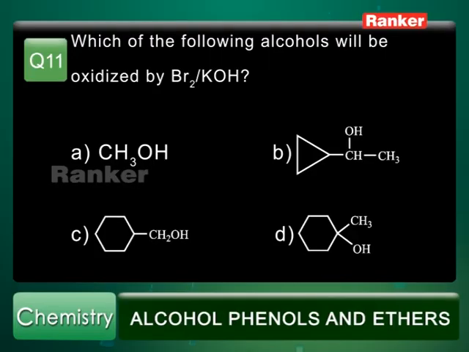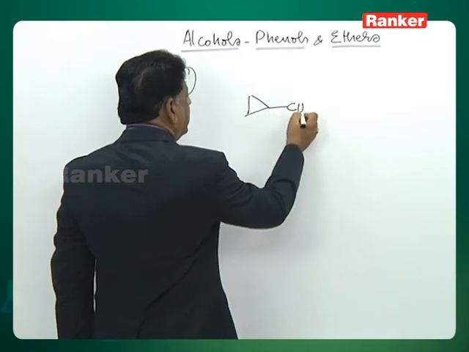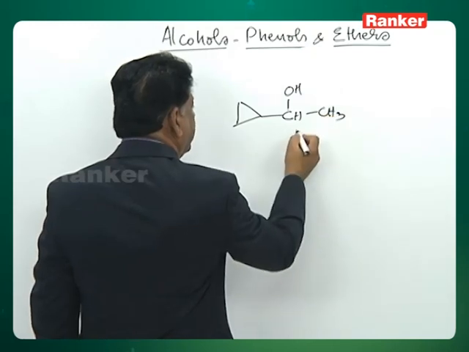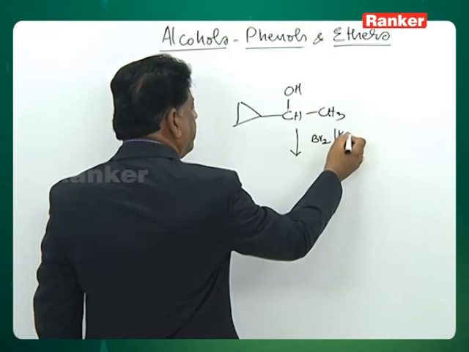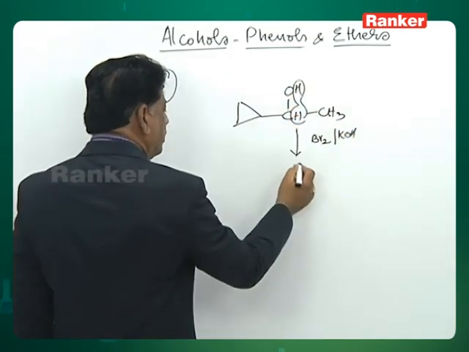Option 1 is methanol, so that cannot undergo this type of oxidation followed by the haloform reaction. Only B undergoes a reaction, wherein we have a cyclopropyl group attached to the 2 degree alcohol with the CH3, which on bromine and KOH gives an oxidation reaction, and you will get a ketone, right?